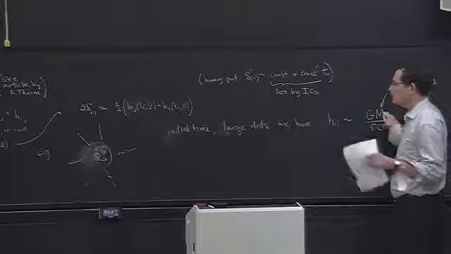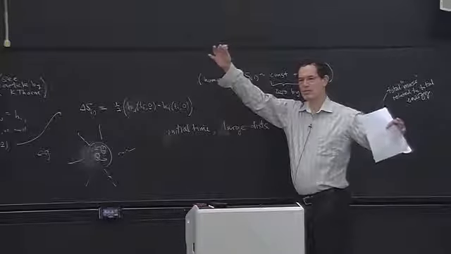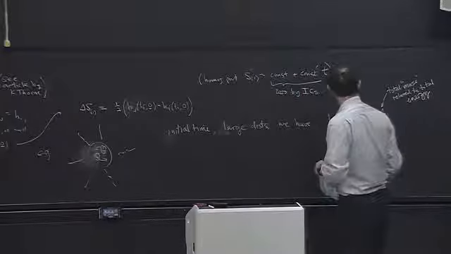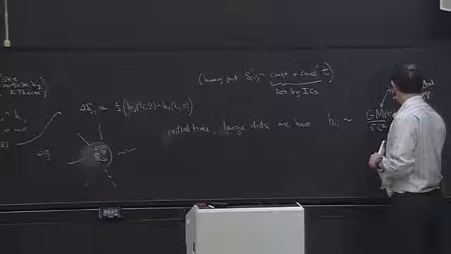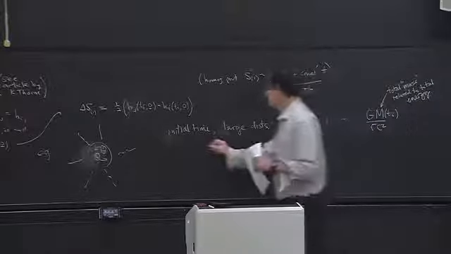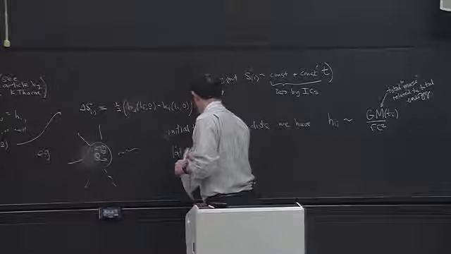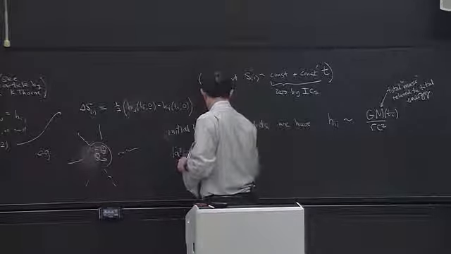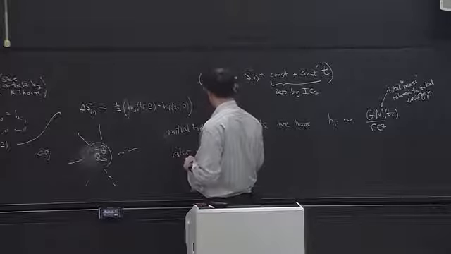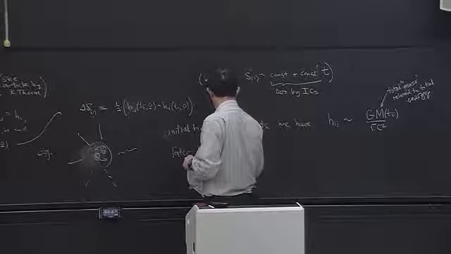So that's something initially. Now, this object emits gravitational waves for some time. Let's call this T initial, and at some later final time, T f.